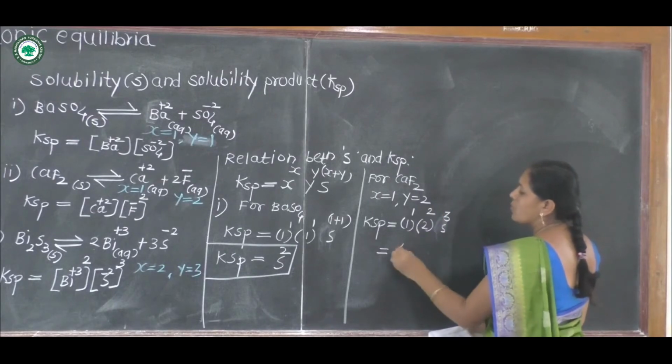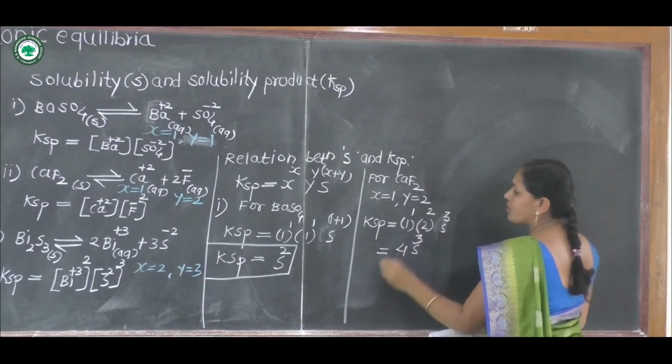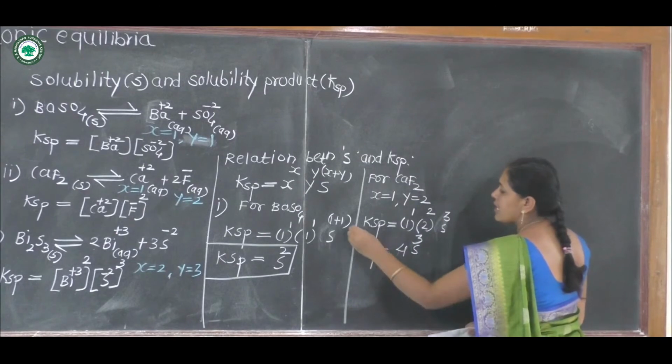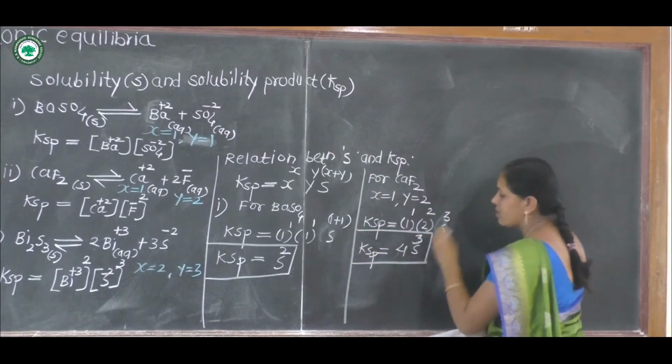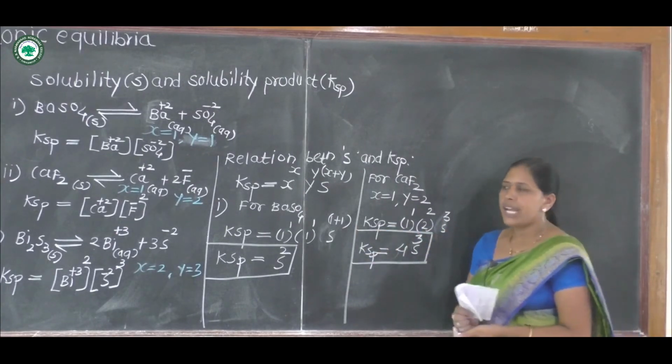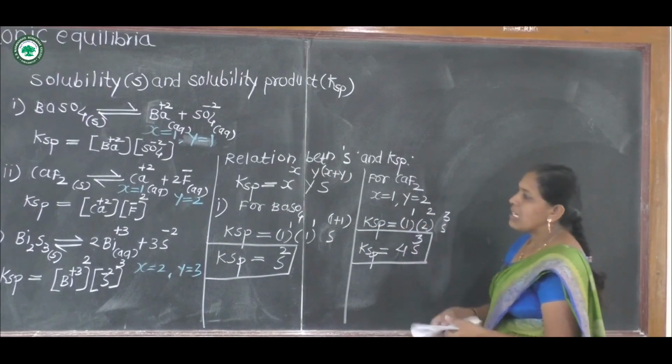Two raised to 2 is 4, so 4S cube. This is the relation between solubility product and solubility for calcium fluoride.